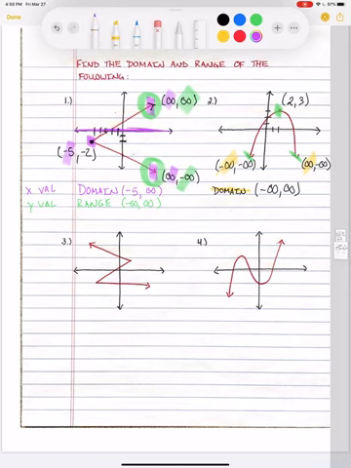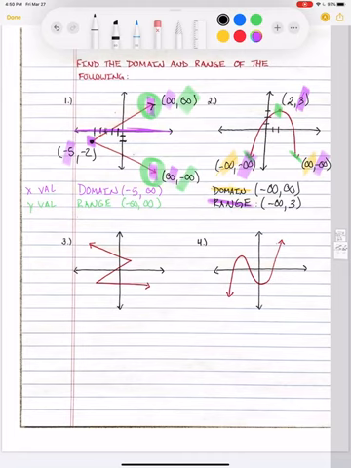My range is going to go from my highest point, which is 3, and my lowest points, which are the arrows, both at negative infinity. So my range will be from negative infinity to positive 3. Remember, we go smallest number to largest number.